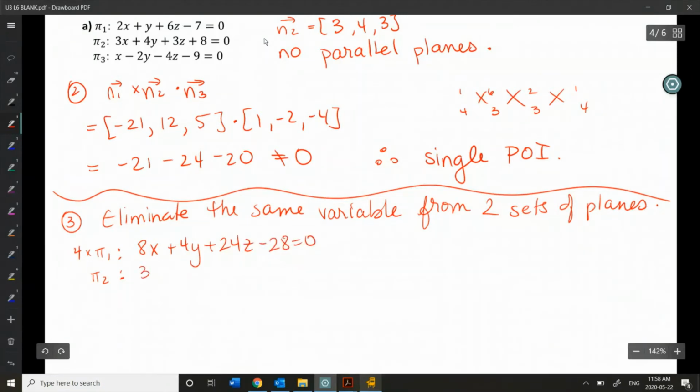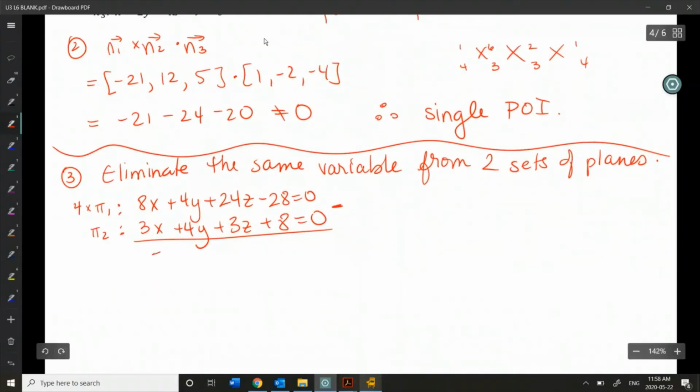And I'm going to leave plane 2 as it is because now our coefficients of our y's are the same. Okay, and then you just decide whether you're going to add these together or subtract. So we need to subtract because the y's are both positive. The y's should cancel if I've done this correctly, and then I should have some remaining pieces here.